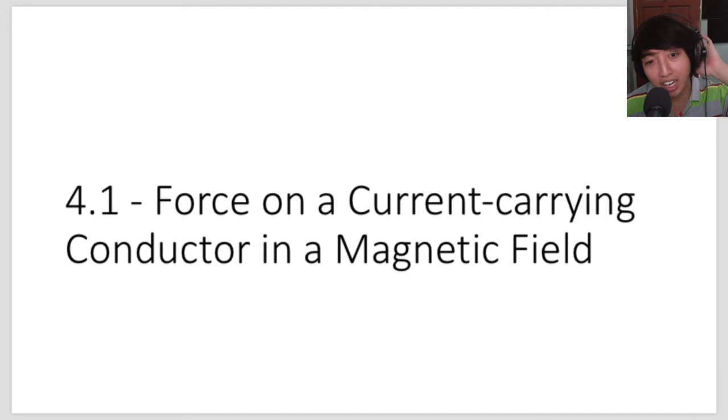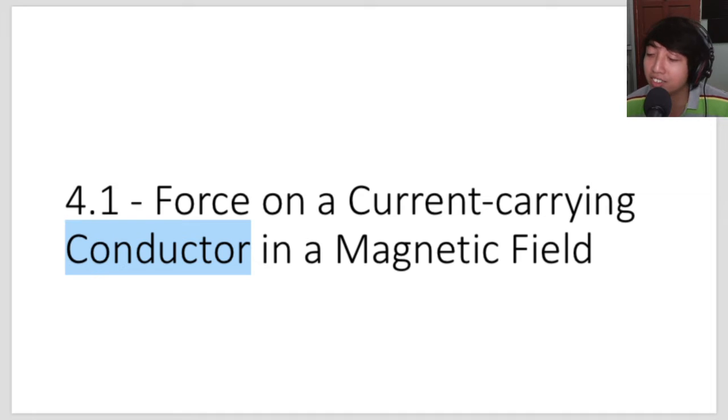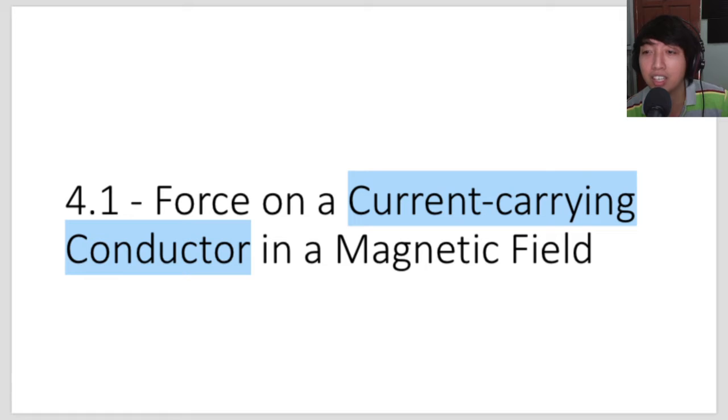Now, what is a current carrying conductor? We know what a conductor is: something that will allow electricity to flow through it. So a current carrying conductor is any conductor that has an electric current flowing through it. Basically, if I really wanted to make this simple, it's talking about a wire.